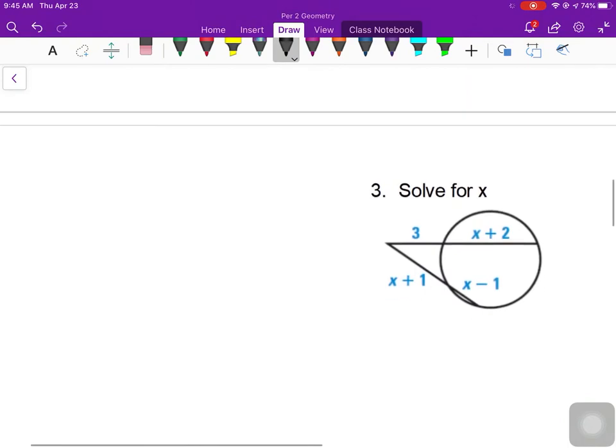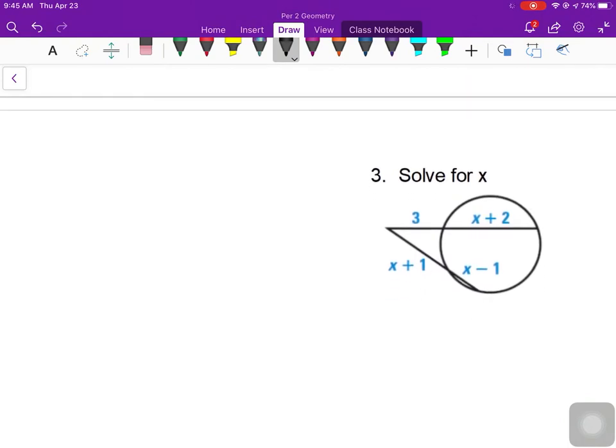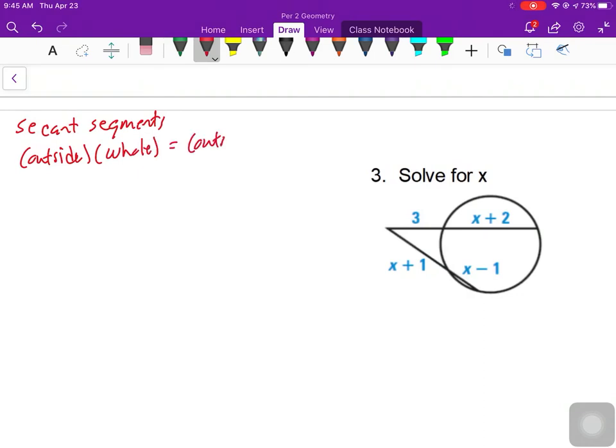Let's take a look at a third problem involving these secant segments. So yet again, we have secant segments. So our pattern is going to be outside times whole equals outside times whole.